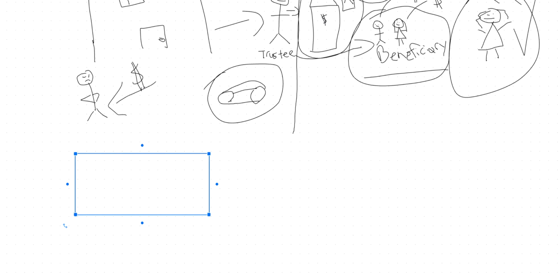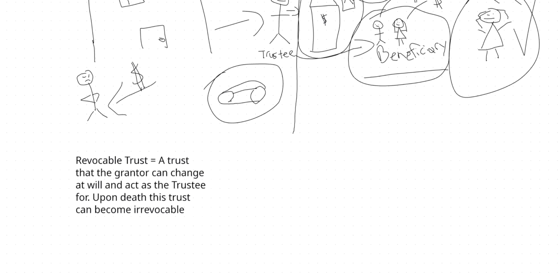But when you're dealing with an irrevocable trust, all right, that is a trust that cannot be easily modified. It could be modified, but in an irrevocable trust, one issue is that you need the approval of the beneficiaries to modify it.